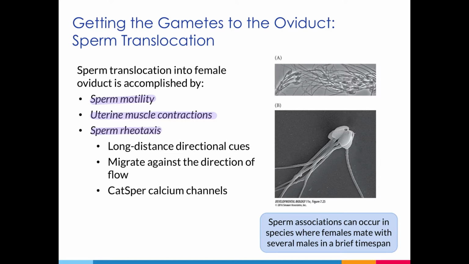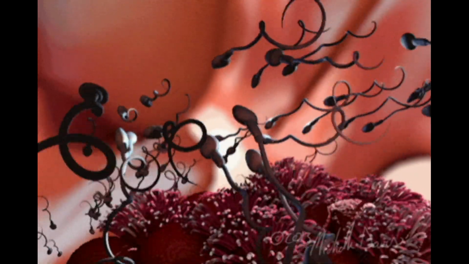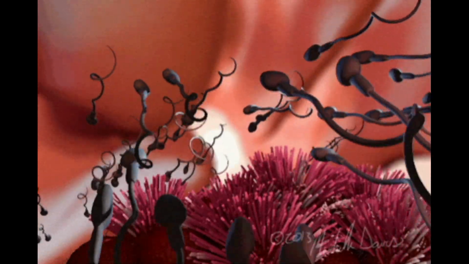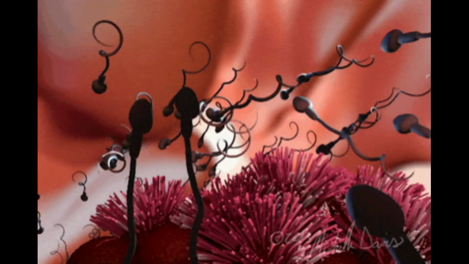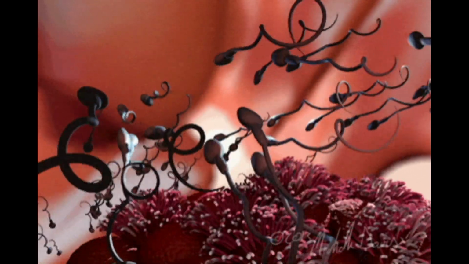The sensing of that current involves the activity of calcium channels, the CatSper calcium channels, which are the same type of calcium channels that are present in the sea urchin sperm. So this fluid current from the oviduct to the uterus gives the sperm a long-range directional cue that allows them to reach the vicinity of the egg.